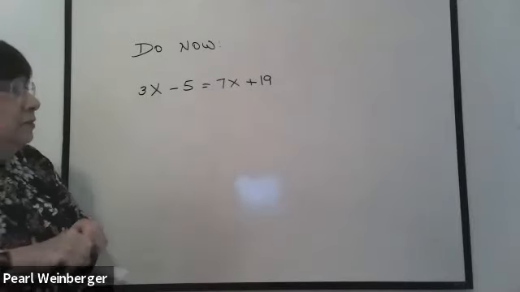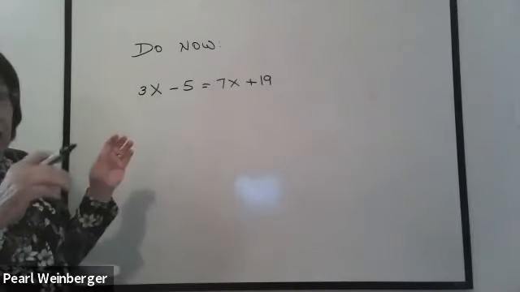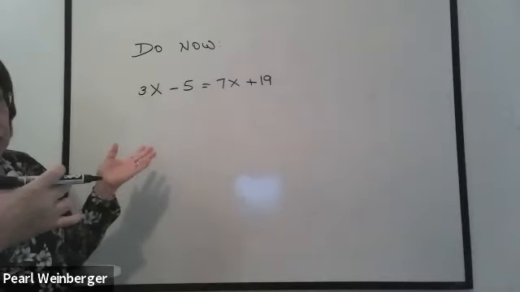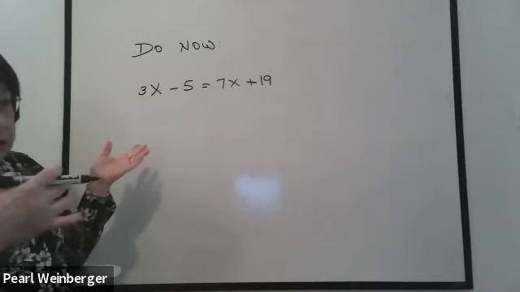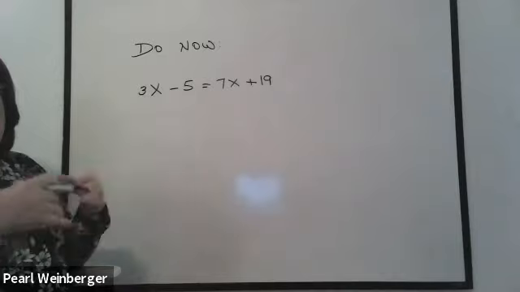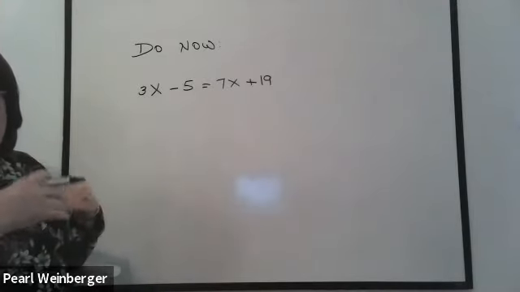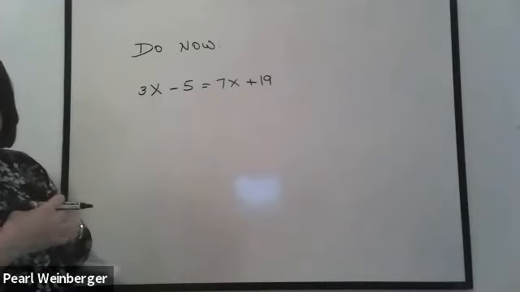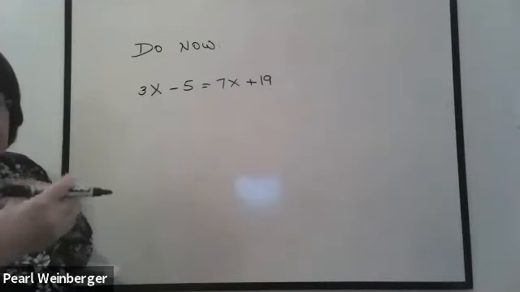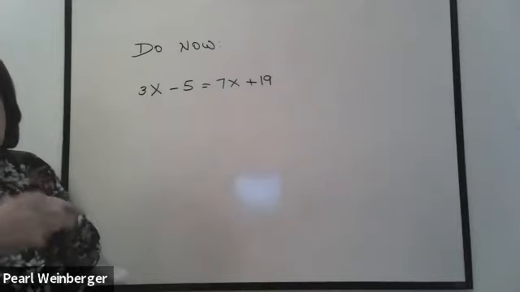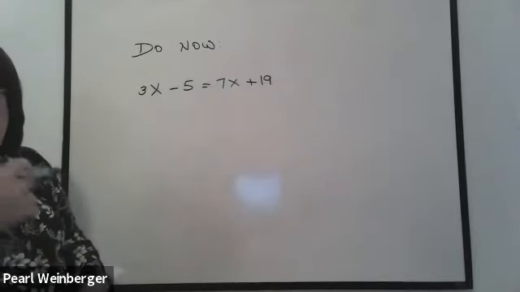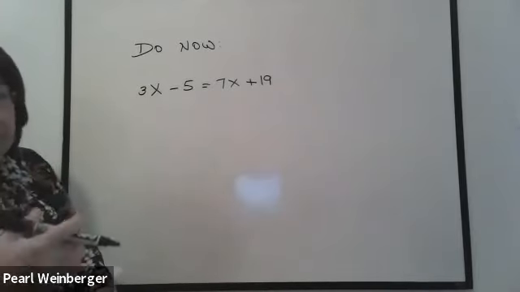So let's look at this and just remind ourselves. I'm going to do this the way I always do it, which is by adding the opposite, or what we call the inverse, when we want to move something from one side to the other. I know some of you, and we did an example like that, like to use the transposing method.